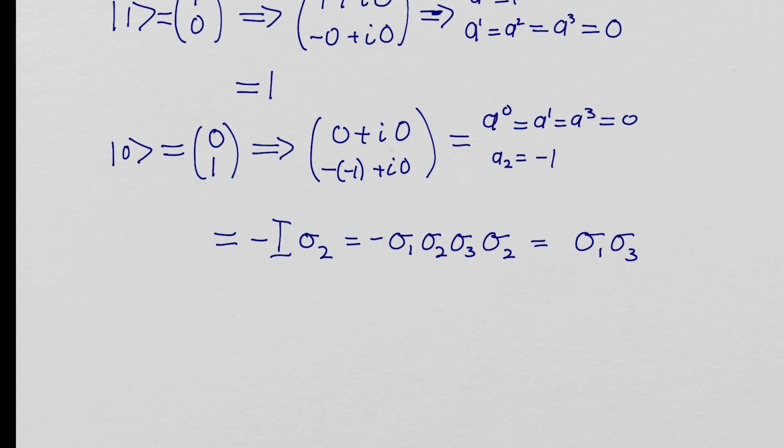And well, what is it in the spacetime algebra? Well, that would be gamma 1, gamma 0, gamma 3, gamma 0. I make one exchange, and I get gamma 1, gamma 0 squared, gamma 3. That one exchange gives me a minus sign. Squaring gamma 0 is plus 1 in the system we use.